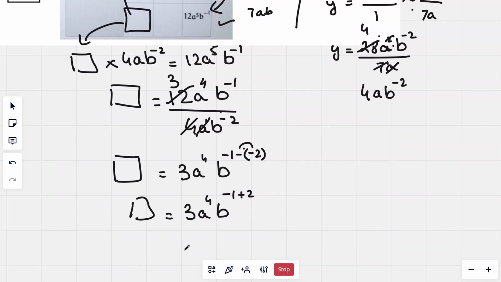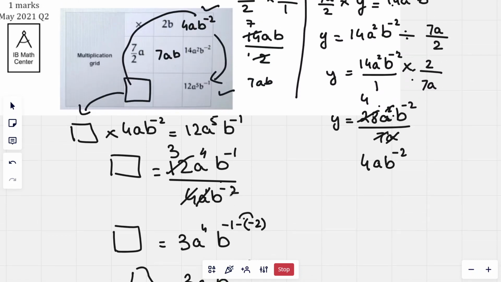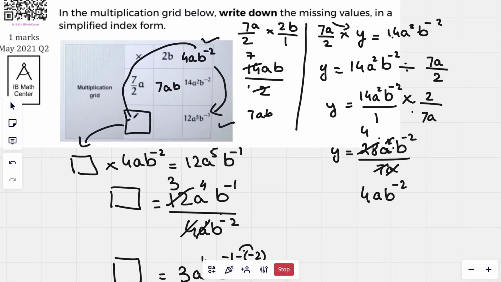So this will become 3a to the power 4 b to the power 1. Let's just pen that down here. 3a to the power 4 b to the power 1.